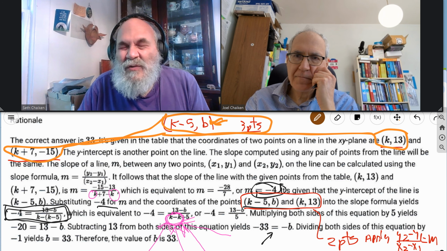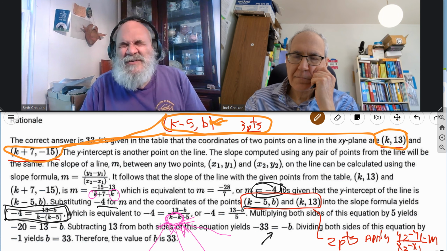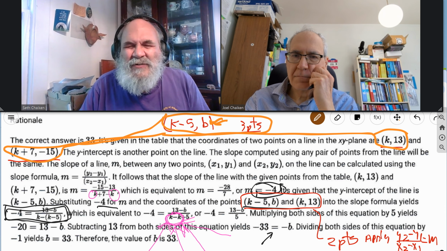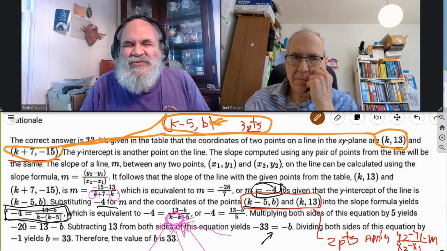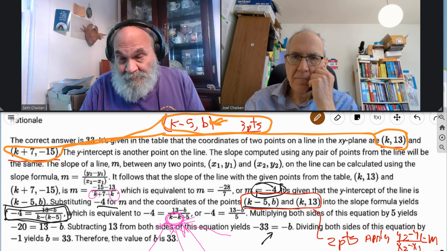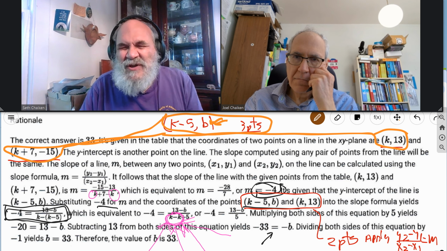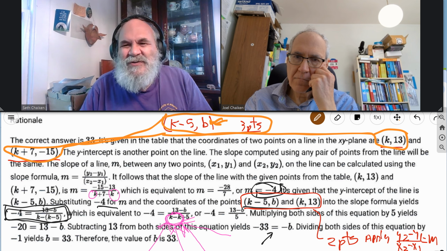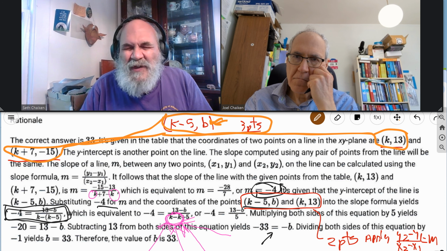Okay. Well, decreasing k by 5, to figure out what you get, you take minus 5 and multiply it by the slope, which they figured out was minus 4.